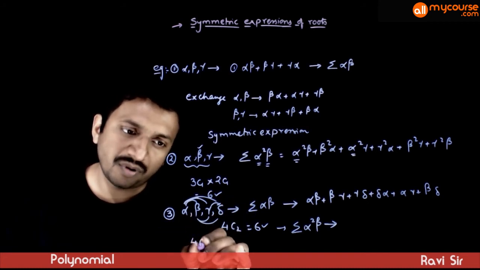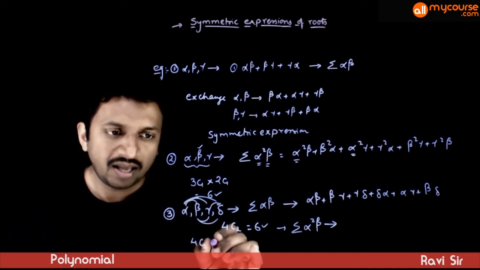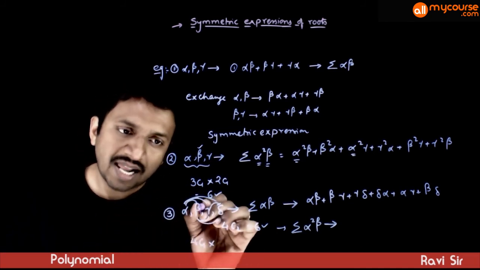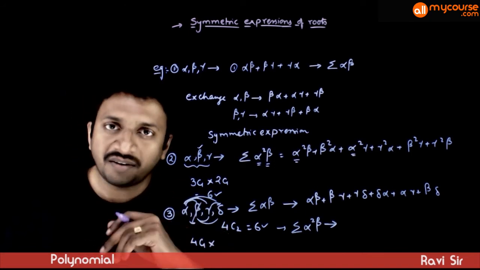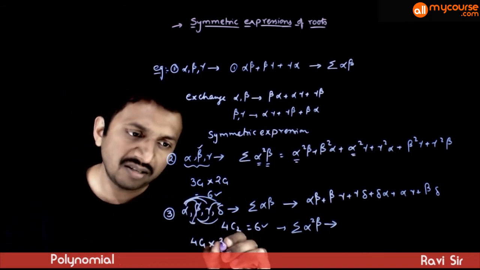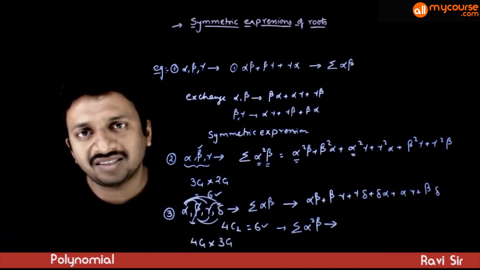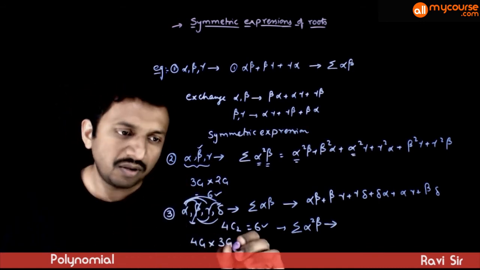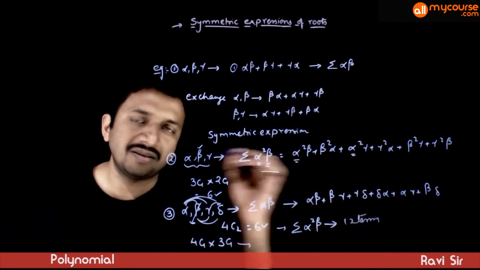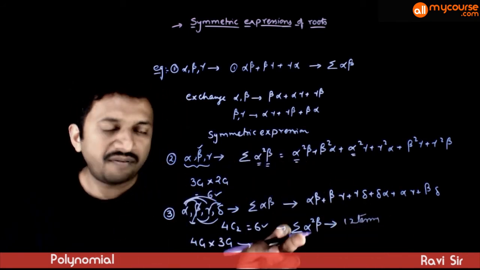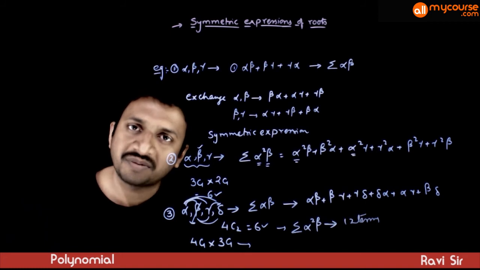So you can do it in 4C1 ways. And once you select a root and give it a square, now 3 terms are left. So out of these 3, you need to select one in 3C1 ways. So you have a total of 12 terms if you expand this. Sigma alpha square beta has 12 terms.